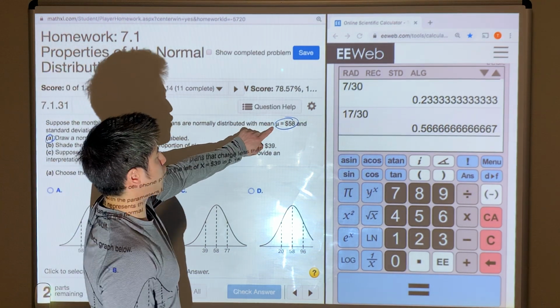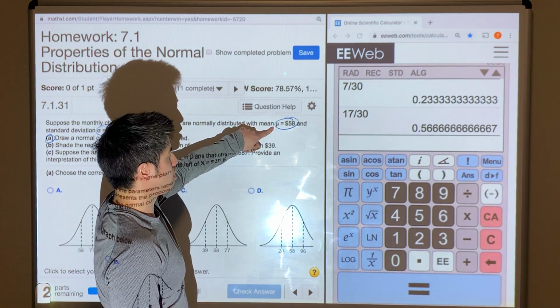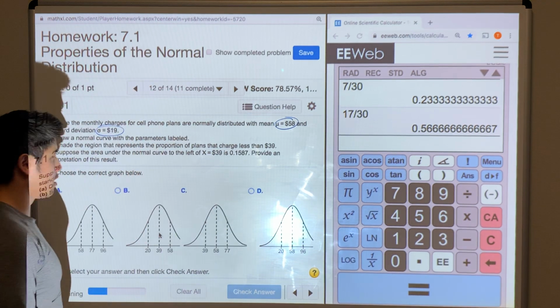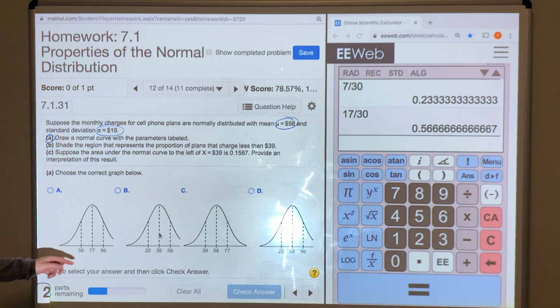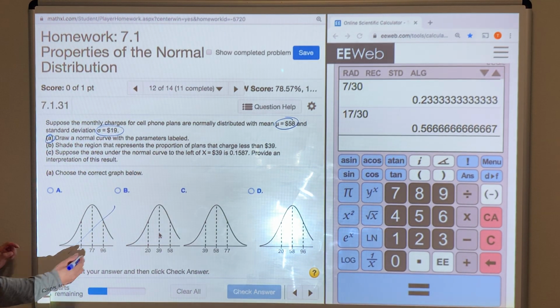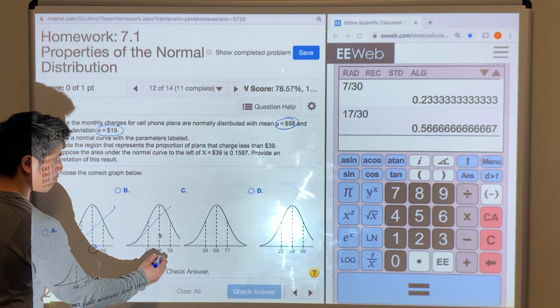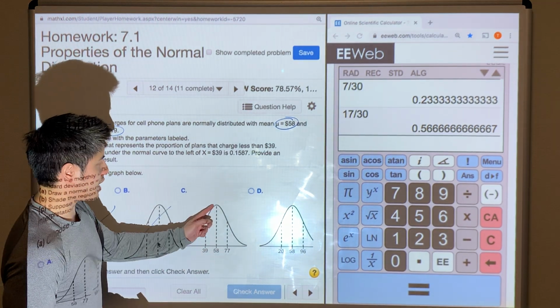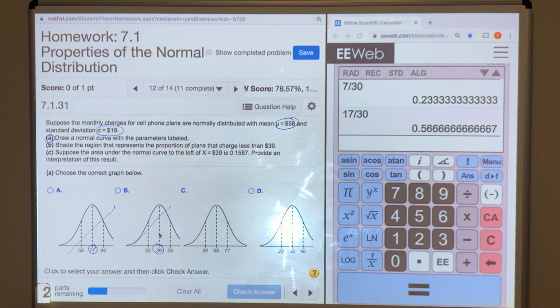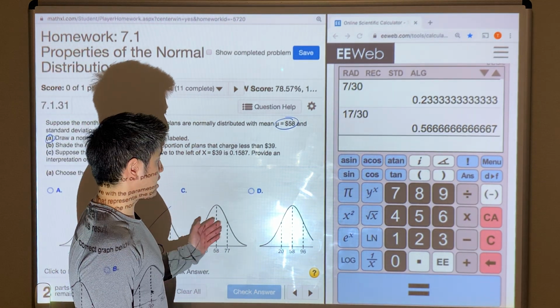Well, I'm going to first find the graph with the middle right at the peak being 58. I'm going to eliminate any others that aren't that. Out, peak is 77. Out, peak is 39. 58, 58. That's pretty good. Both of these are options. Now, how would I determine whether to pick C or D?